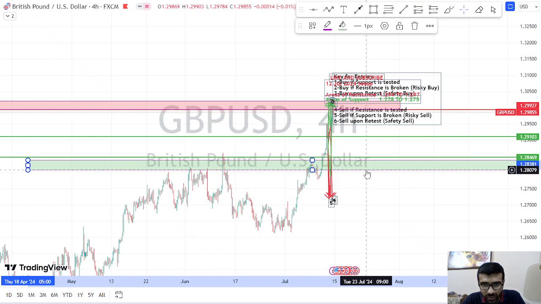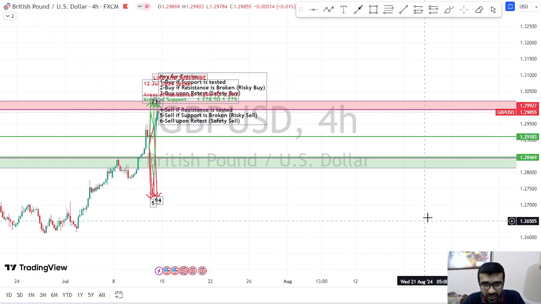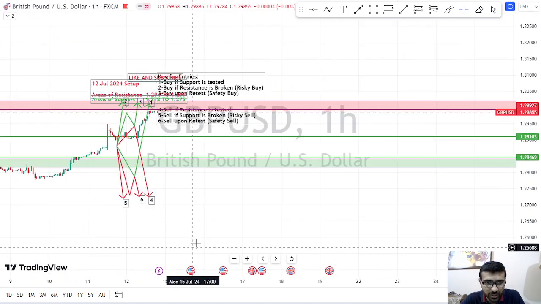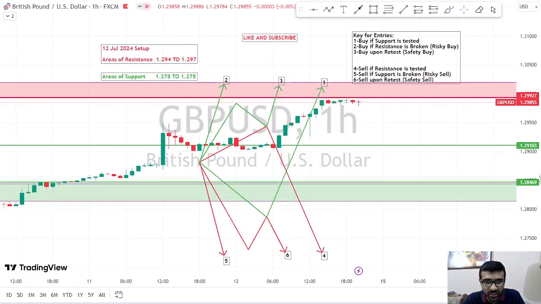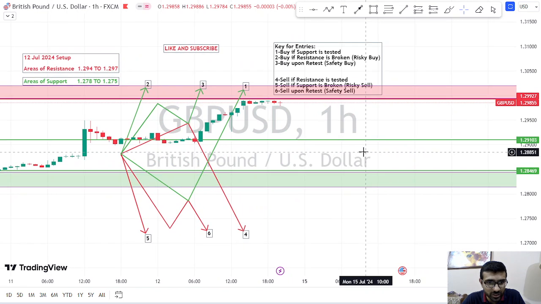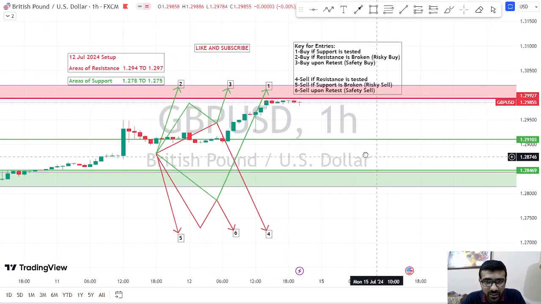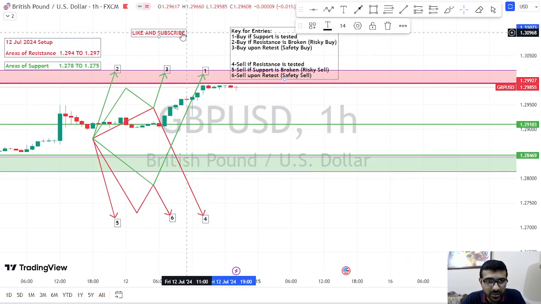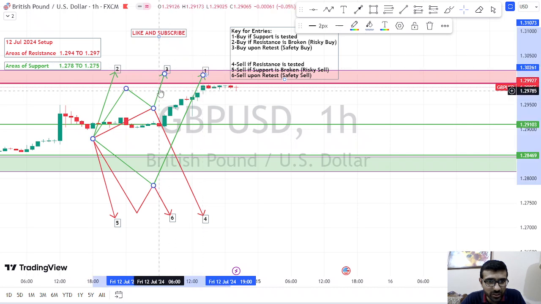So now let me write down these new areas of support and resistance for you guys, so you can easily take trades in this GBP USD pair. Let me also move these areas of short term support and resistance, so you can easily take trades.